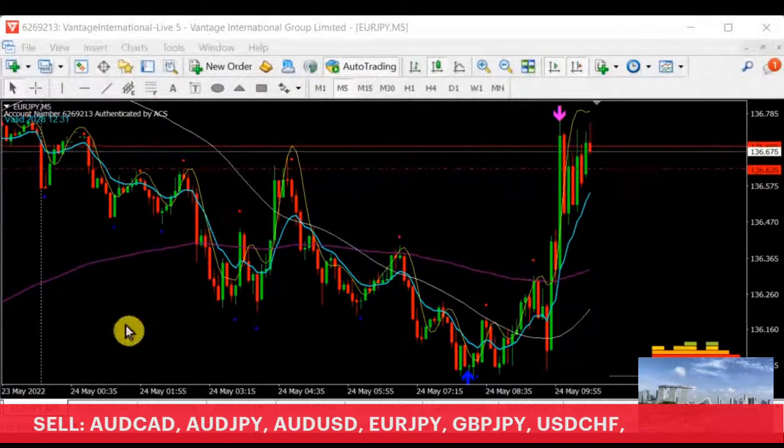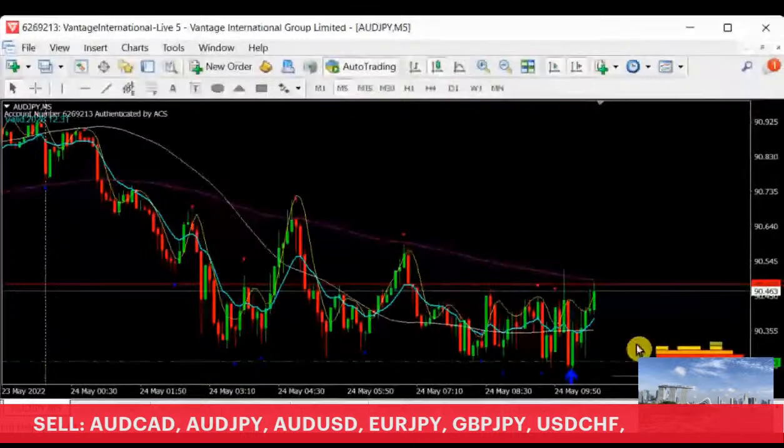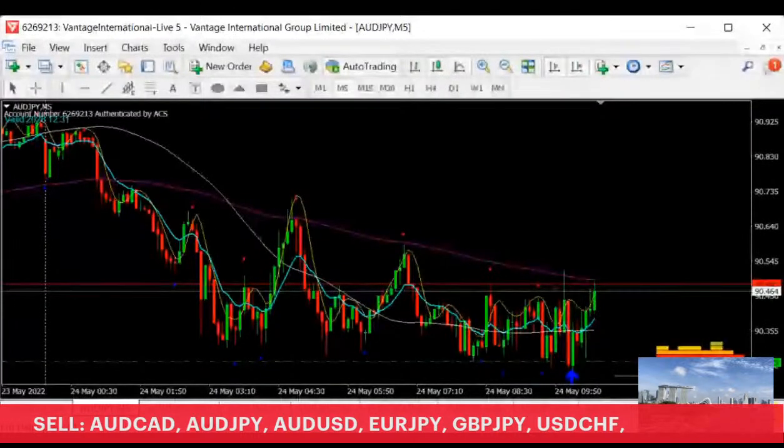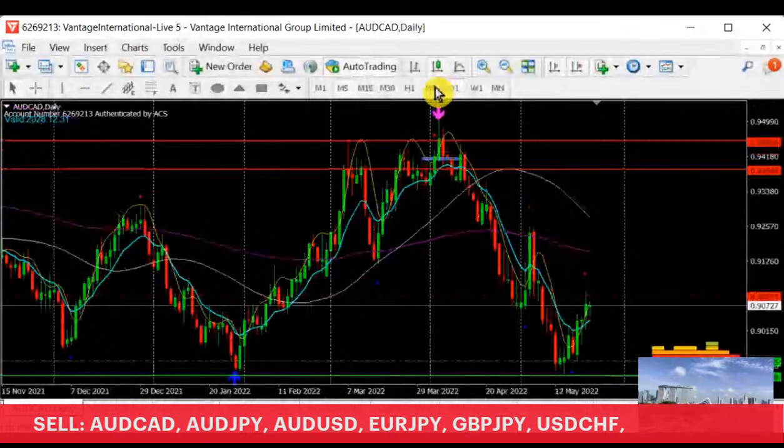Let's go once again to Aussie yen. Aussie yen is not breaking the support. So hang on, let it move into the resistance area. Let's take a look at Aussie CAD. Aussie CAD has changed.